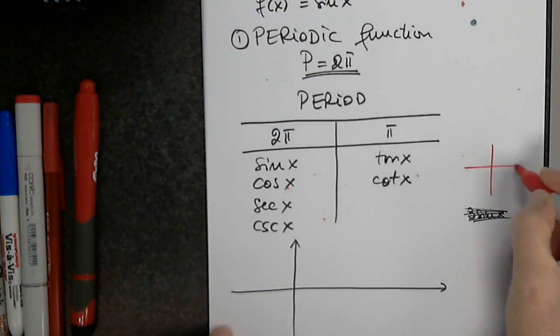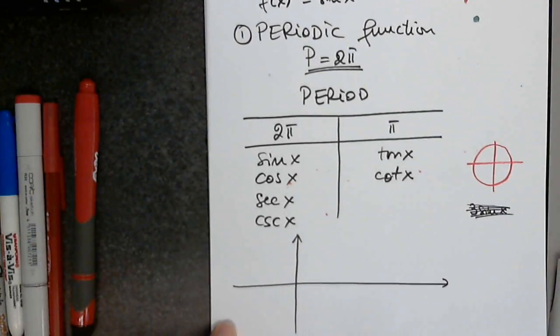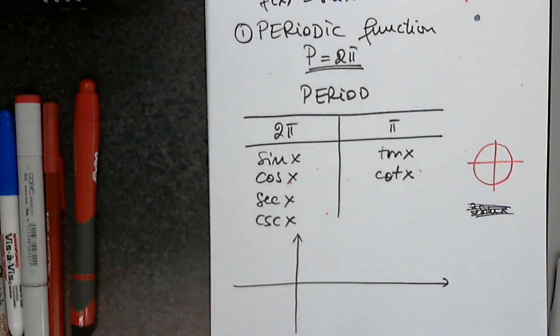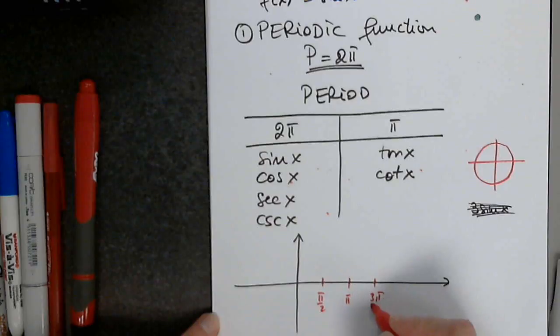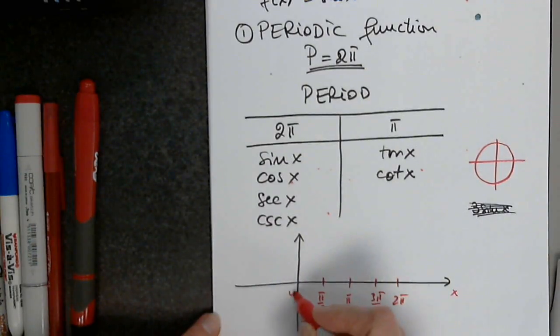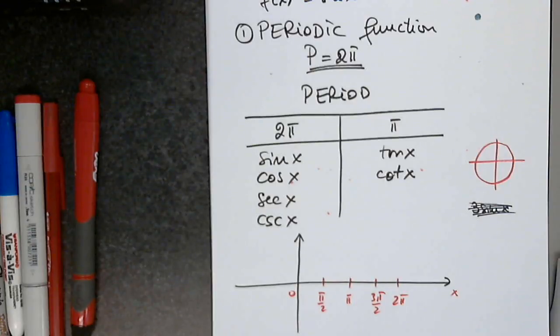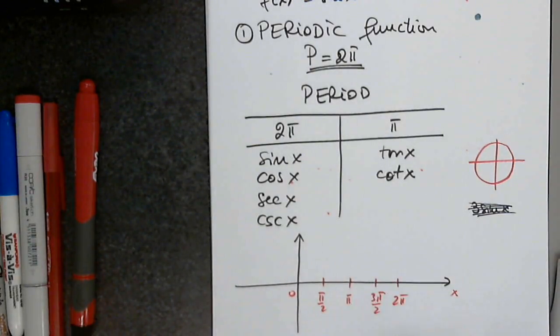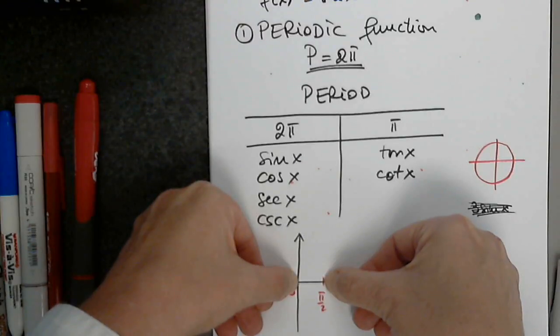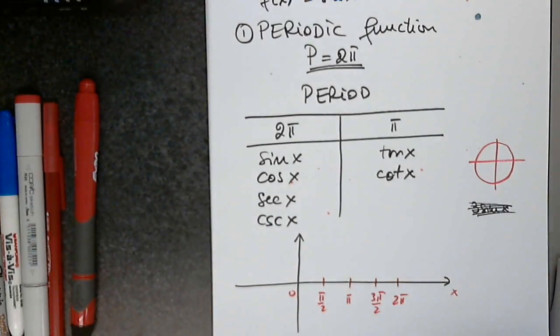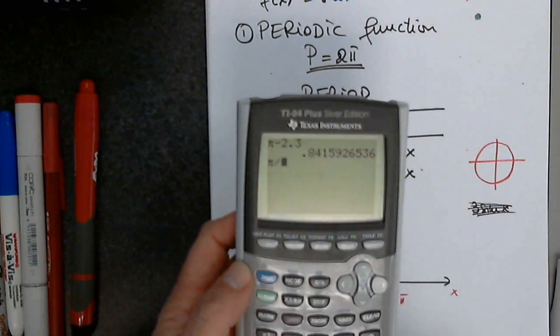So let's go around the unit circle. So I'm going to say, in order to keep a uniform unit, I have here pi over 2. I have here pi. I have here 3 pi over 2, and I have here 2 pi. And notice that I try to make them as equal as possible. Of course I can't be perfect. So, okay, so now this is a pi over 2 unit. Pi over 2 unit is pi divided by 2.